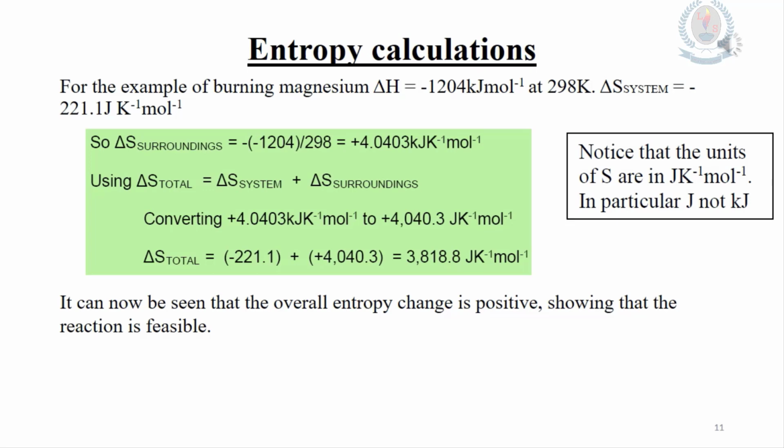So substituting these two values, we can find out delta S surrounding. Now we can substitute the delta S system value and delta S surrounding value, and you can find out delta S total. If the delta S total value, or we can say overall entropy change, is positive, the reaction is feasible.